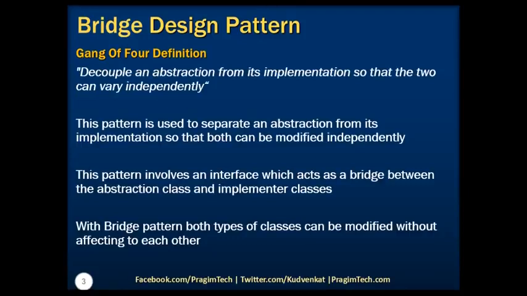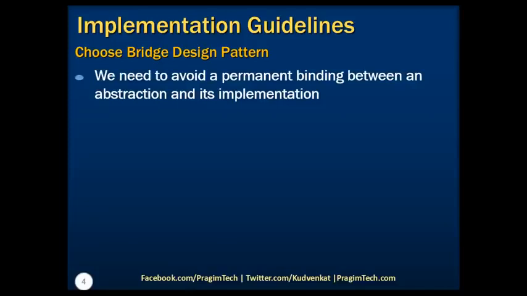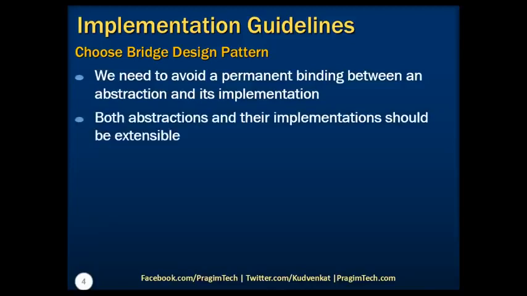Let's now take a look at the implementation guidelines of the bridge design pattern. We need to choose bridge design pattern when we want to avoid a permanent binding between an abstraction and its implementation, when both the abstraction and their implementation should be extensible by subclassing, and when changes in the implementation of an abstraction should have no impact on their clients, that is, their code should not have to be recompiled.